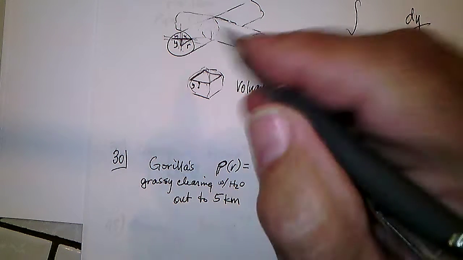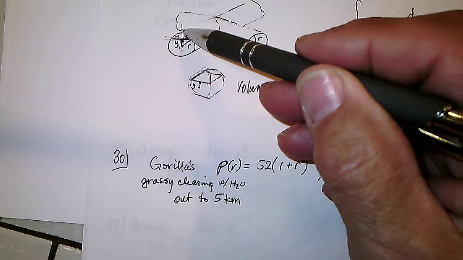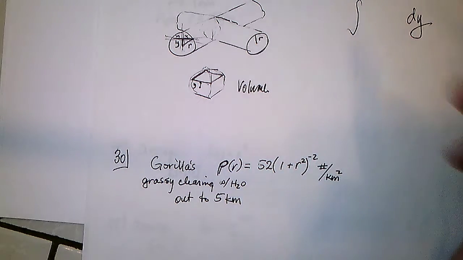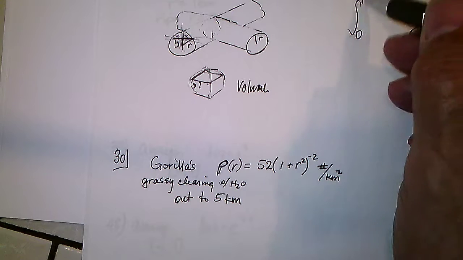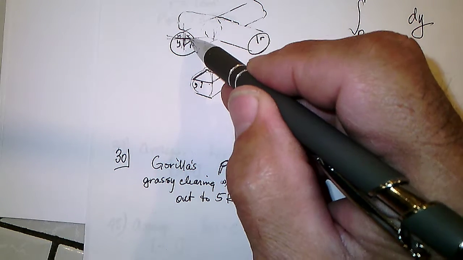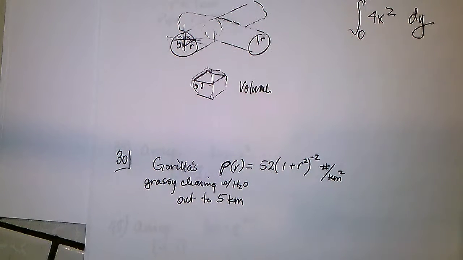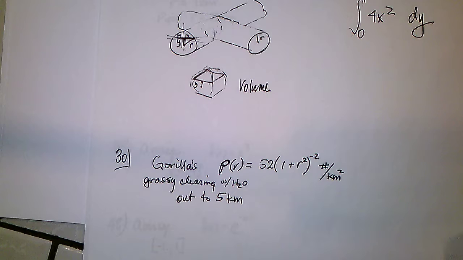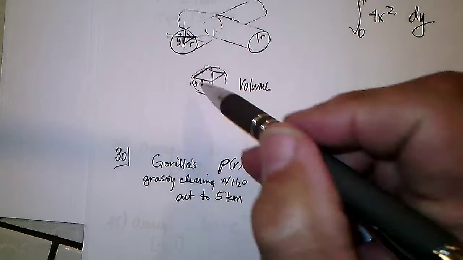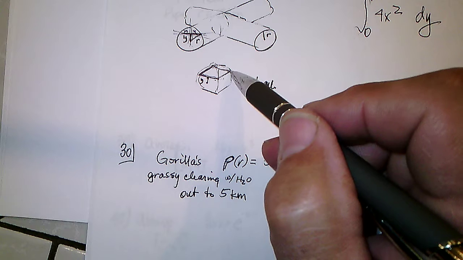The integral would be from, well, it's symmetric, so we can go from 0 to the top of the pipe, r. And the area would be 2x times 2x, 4x squared. Okay? 2x times 2x, 4x squared.